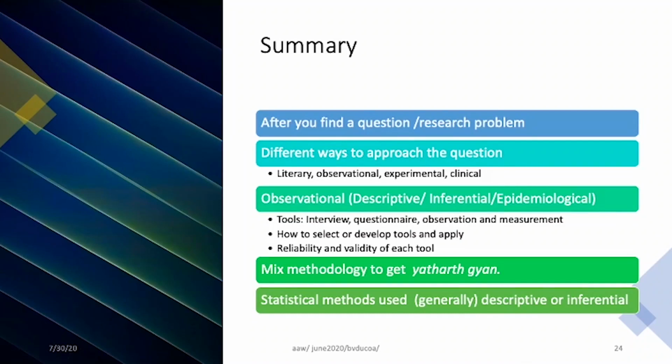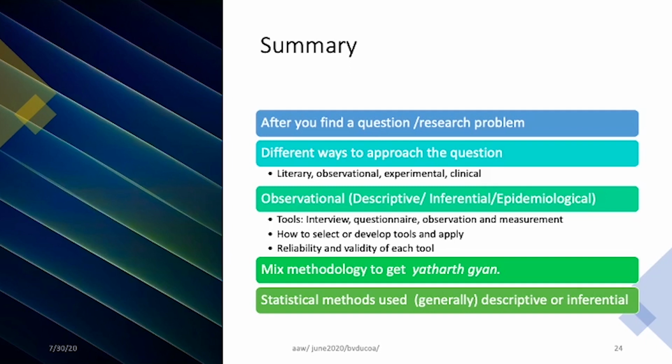Coming to the last part, we have seen that after you find a question or a research problem, you are offered mainly 4 different ways to approach the question. It can be a literary way, observational way, experimental way or clinical way. In the observational methods, that is descriptive, inferential and epidemiological methods, the main tools are interview, questionnaire, observation and measurement.